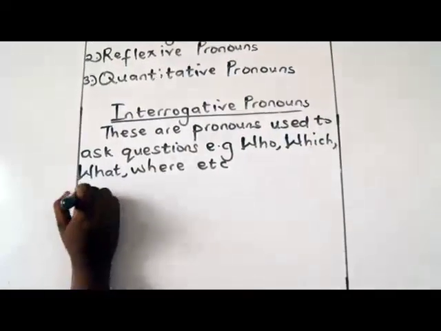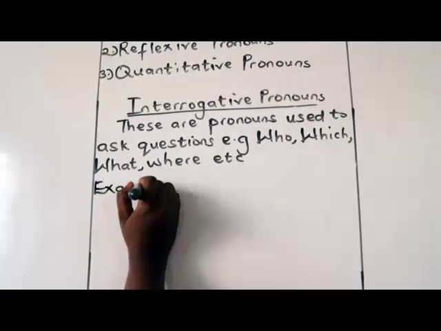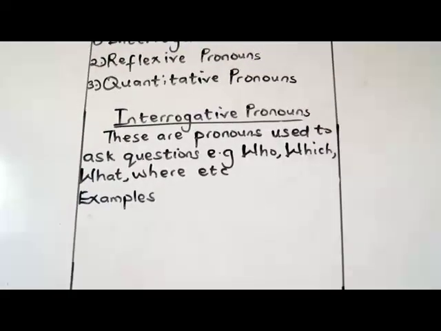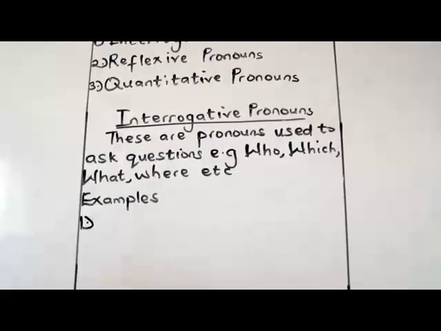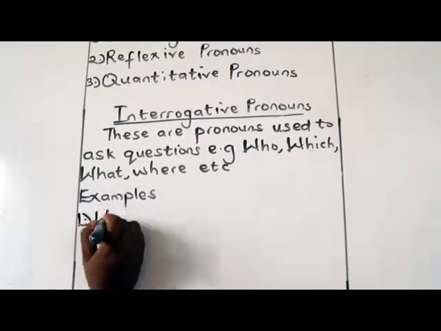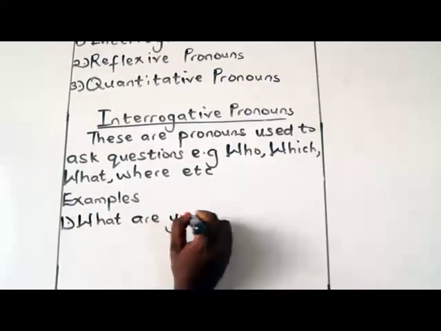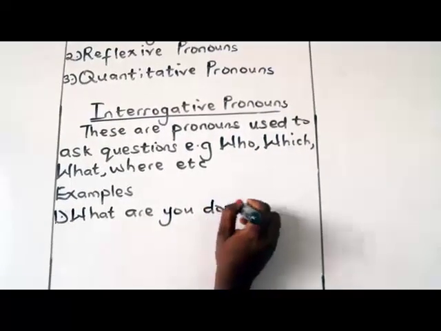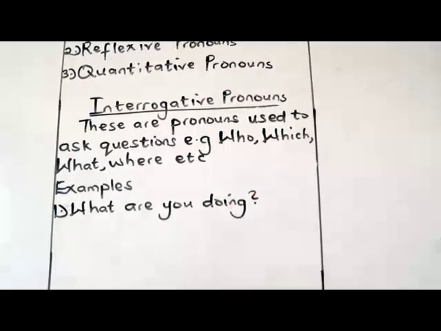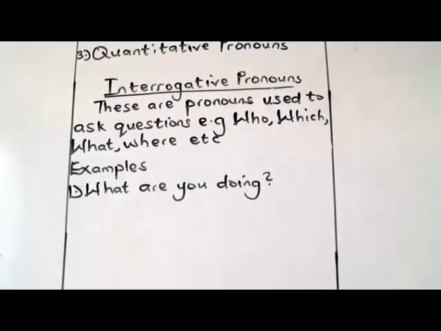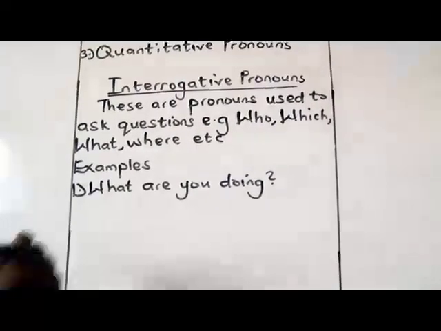I'll give you some examples in sentence form and you will tell me the interrogative pronoun. Now the first example is, what are you doing? If you look at that example very well, what is the interrogative pronoun there?